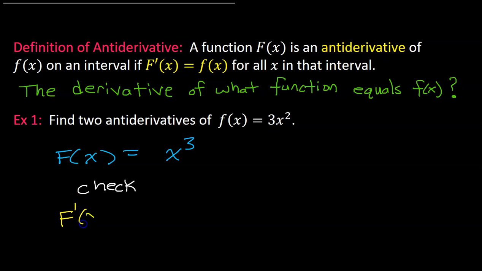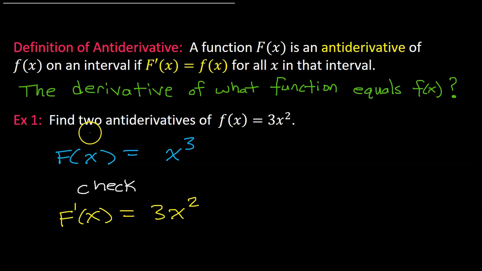Capital F prime of x. Like I said, we would do the power rule, and the 3 will come in front. Then we reduce the power by 1, and we get x squared. So take a look. We got the original function back again. That makes this an antiderivative.